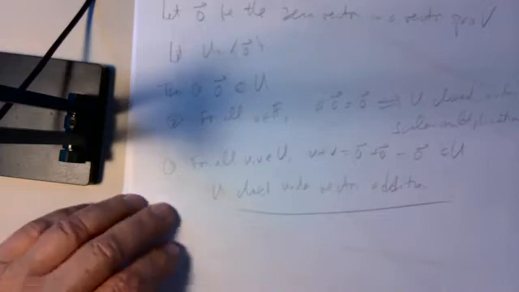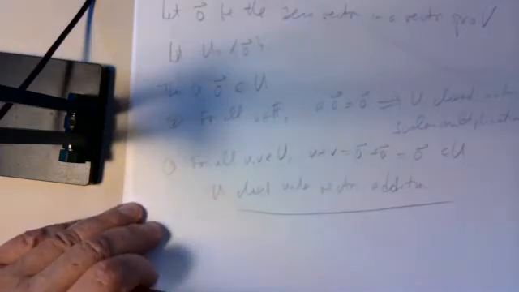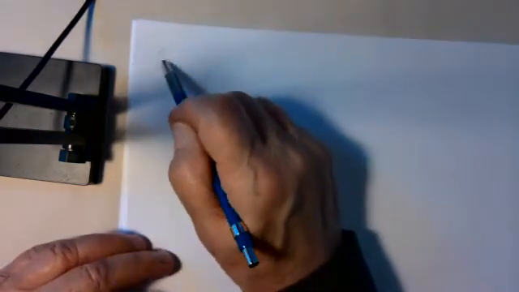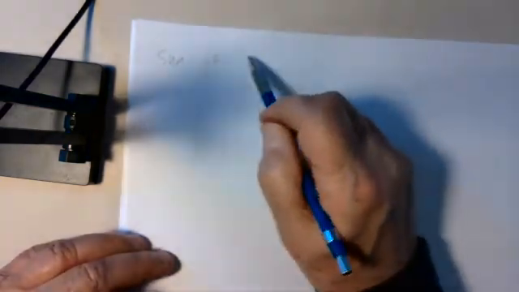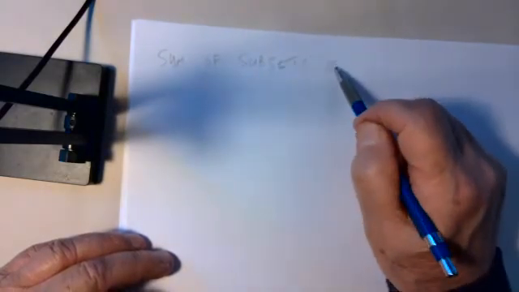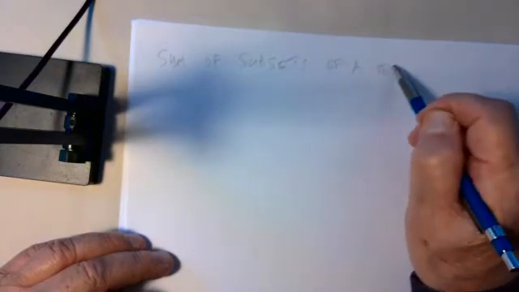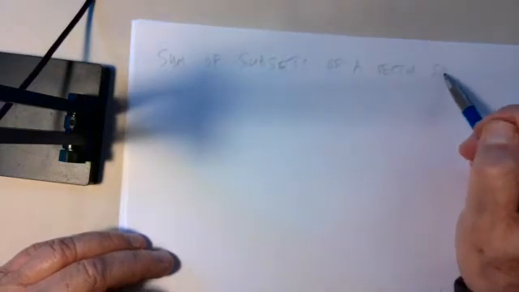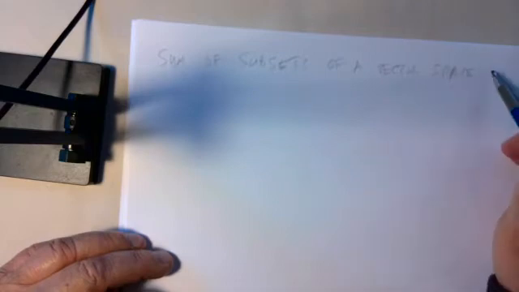Now, it's interesting for many reasons to know the subspaces of a vector space. And given some subspaces, you can construct more. So more generally, I want to define the sum of arbitrary subsets of a vector space.